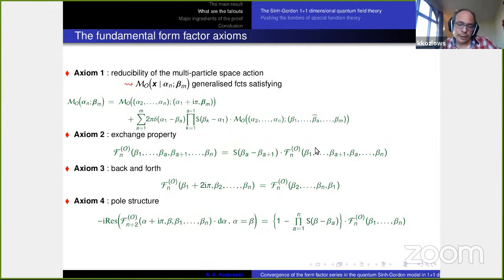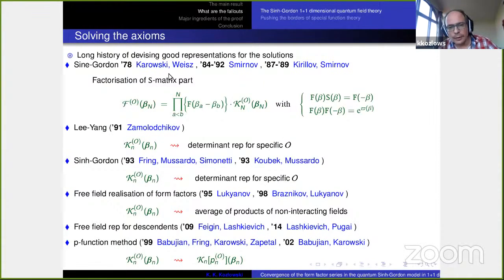First you want to get rid of these two axioms, put them in a more symmetric form. So you try to solve these axioms by changing unknowns in the form factor axioms. First you produce a prefactor.